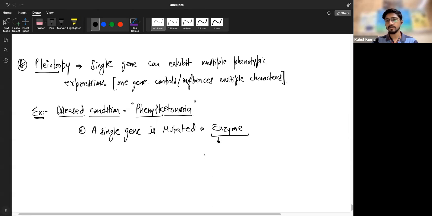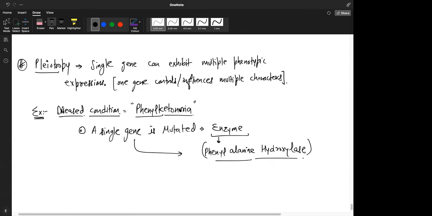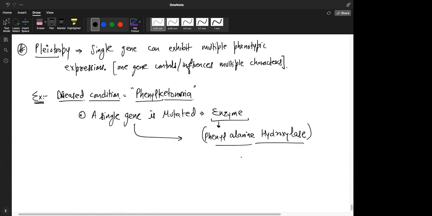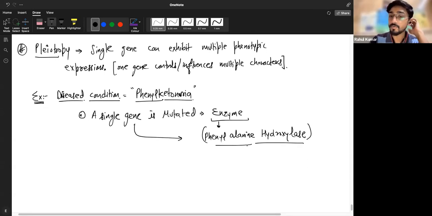You know what is that enzyme called? Phenylalanine hydroxylase. Okay, this is the gene. Is it clear? Yes.